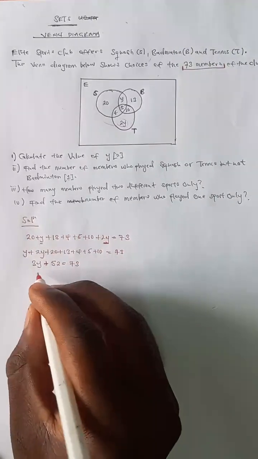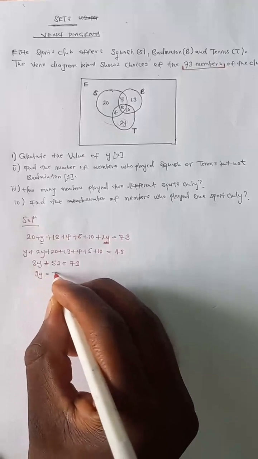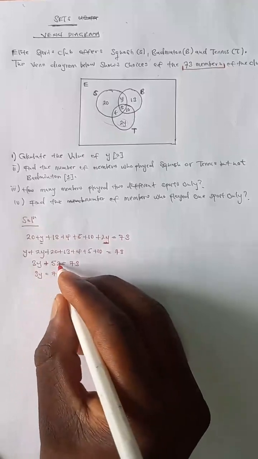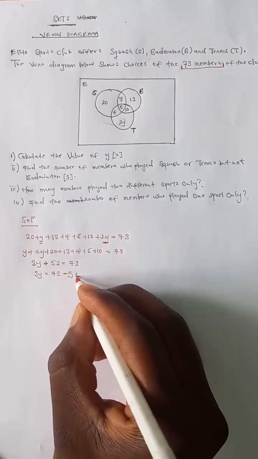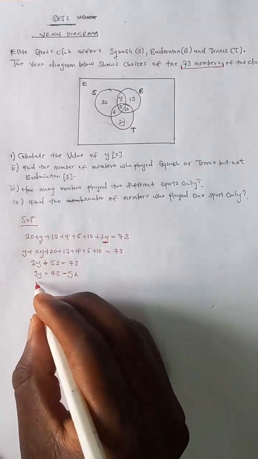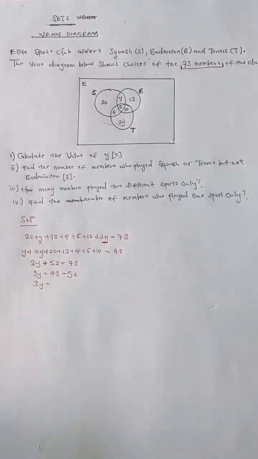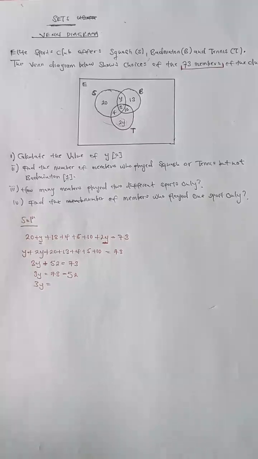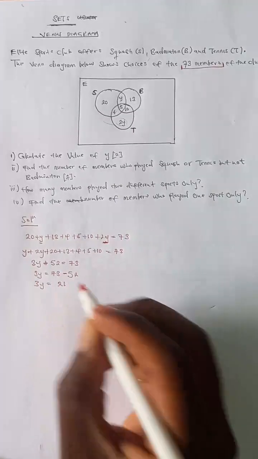So I shall say 3y plus 52 is equal to 73. When 52 crosses to the other side, it becomes negative 52. So 3y is equal to 73 minus 52. 73 minus 52, my answer is 21.